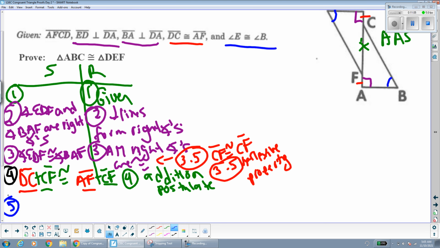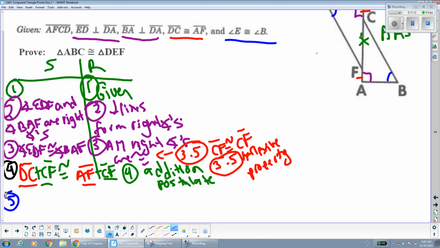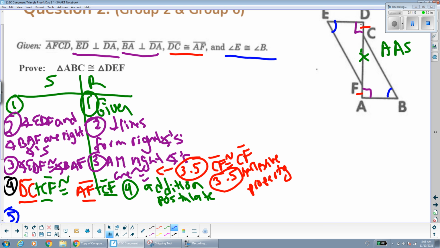Now let's take a look at what our addition gives us. So if I start with DC, let me go to my diagram. So if I start with DC and I add on CF to it, I get the whole side of that triangle DF, which was the goal of our addition.